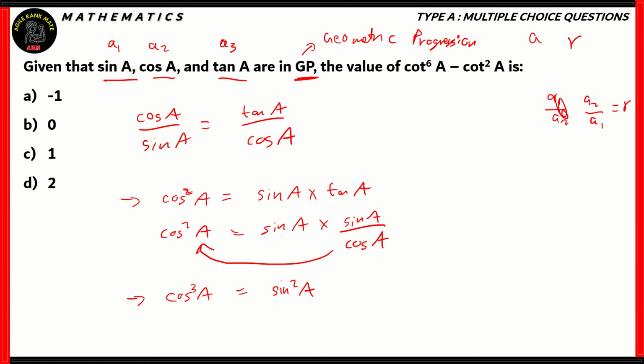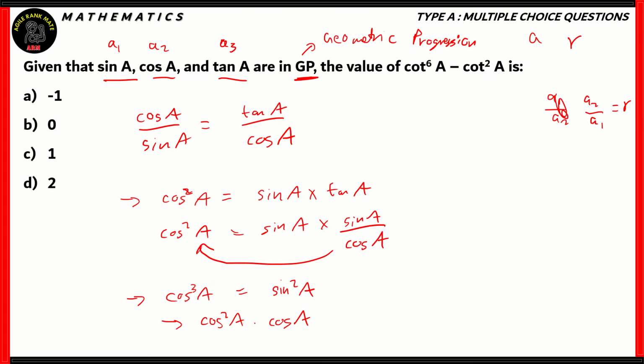Now we will convert this expression in terms of cot. So for that, what we'll do is we will write cos cubed A as cos squared A times cos A. So we could have done that earlier.